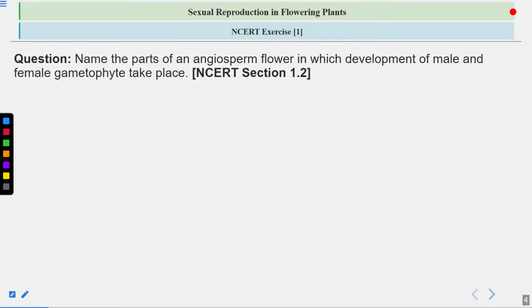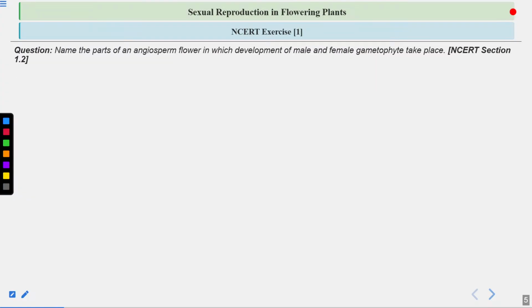The question is based on section 1.2. So let us see the answer.